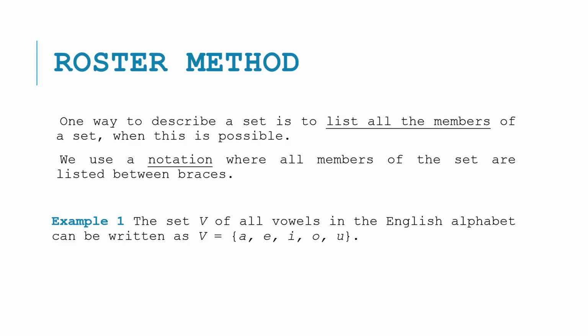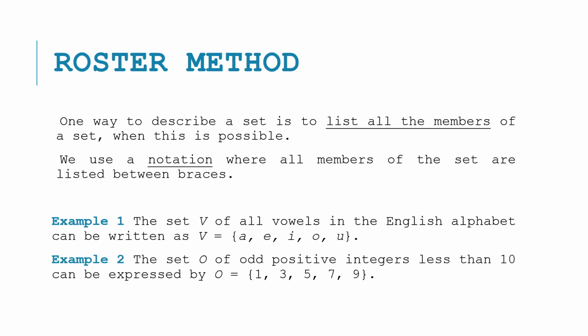Using the roster method where we list all the members of the set, that is written as V = {a, e, i, o, u}. The braces here represent the set. Okay, the members of the set are listed between braces, and that is how the roster method works.